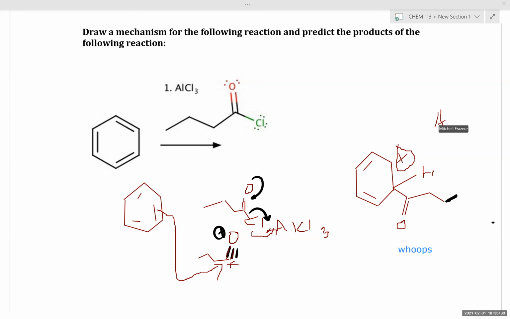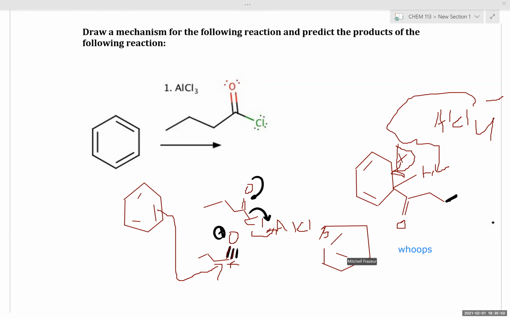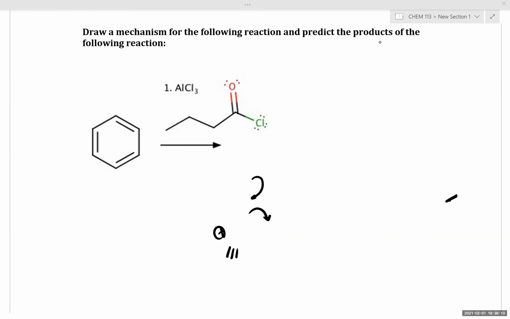What do we think? So our base equivalent is going to remove our proton, and that proton is going to eliminate, and we'll regenerate our aromatic ring. Perfect. Yep, this mechanism looks reasonable to me. So let me clear this and then we'll discuss, and I'll redraw this just for our reference.